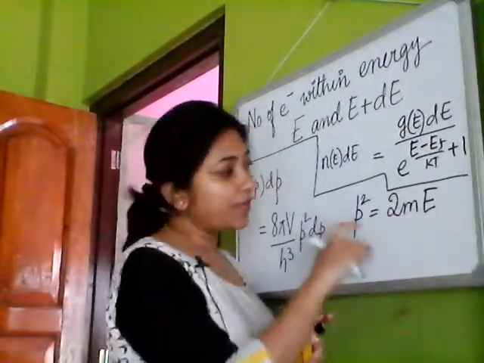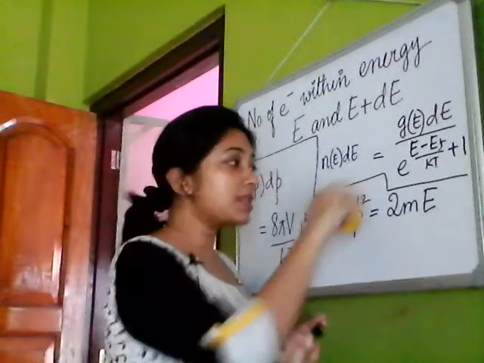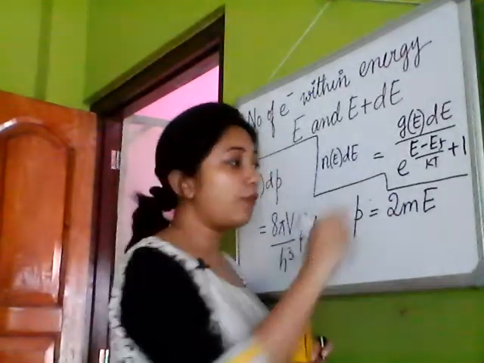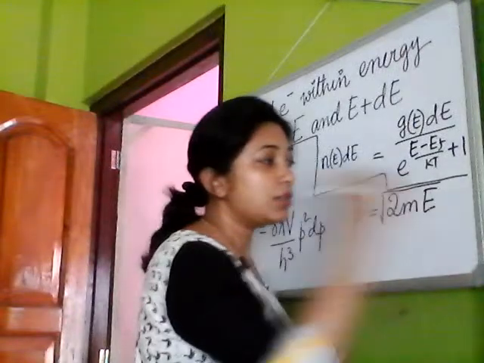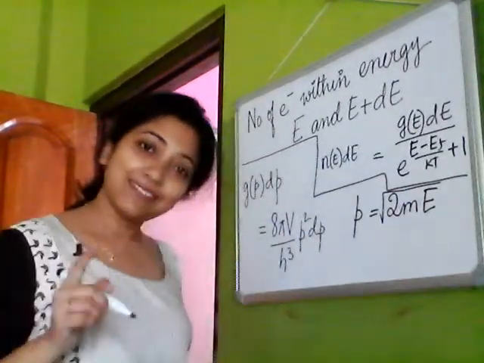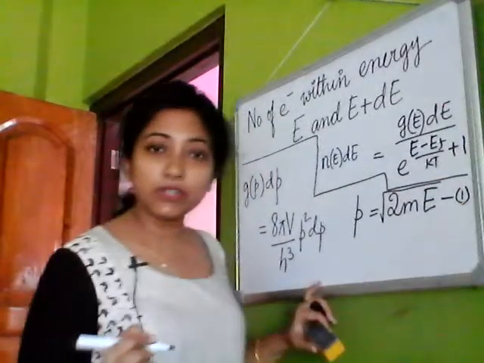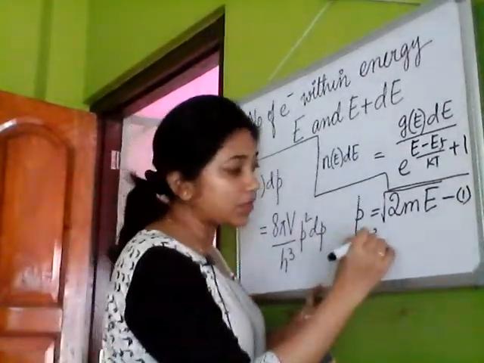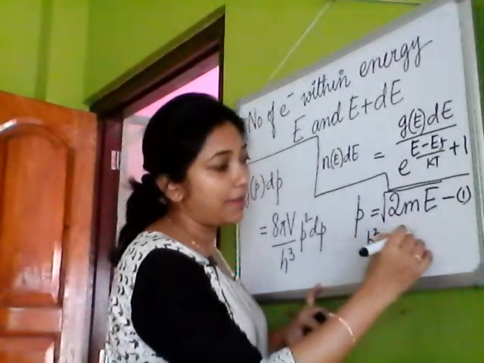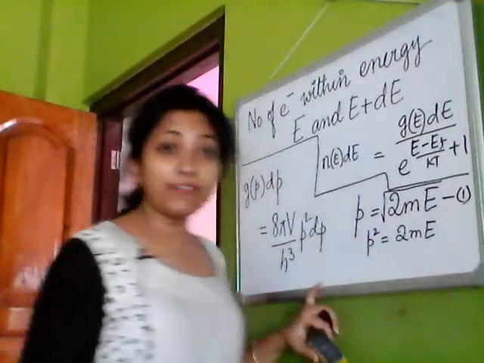So if P square is equal to 2mE, what is the value of P? The value of P is under root 2mE. So let us have this as one of our equations.